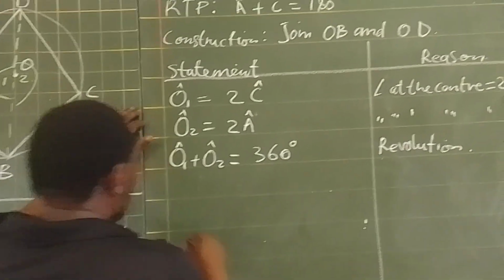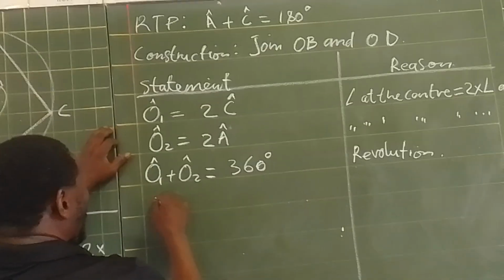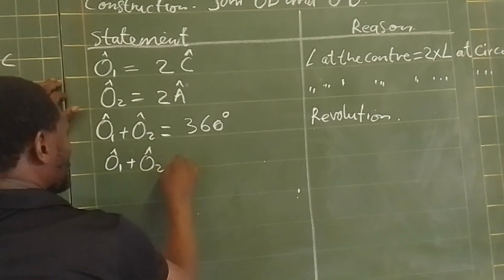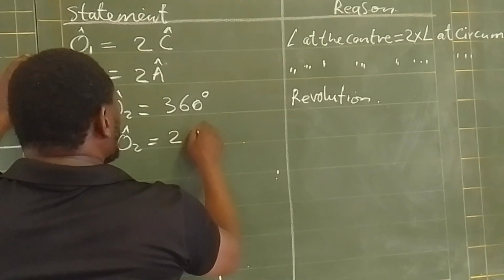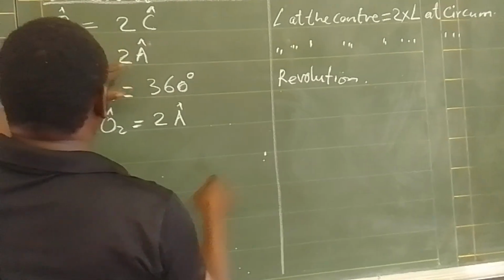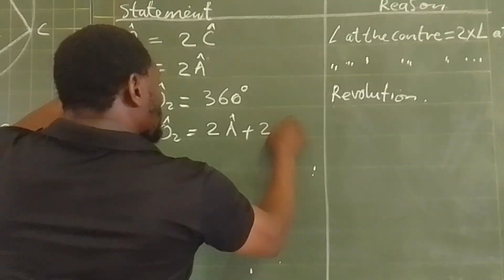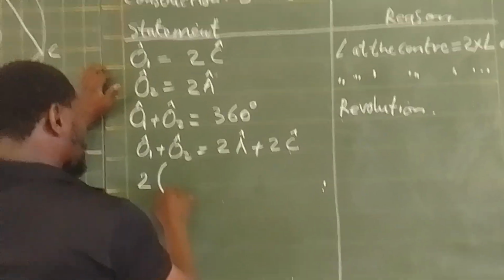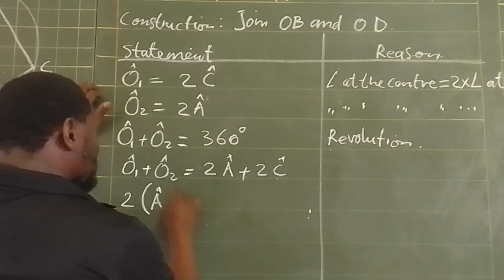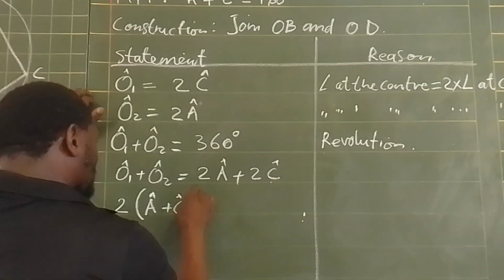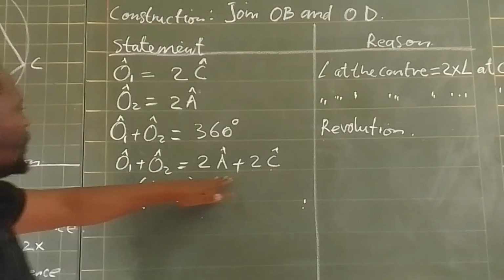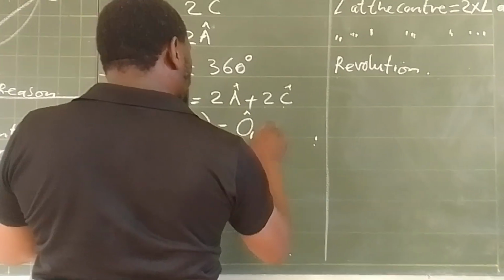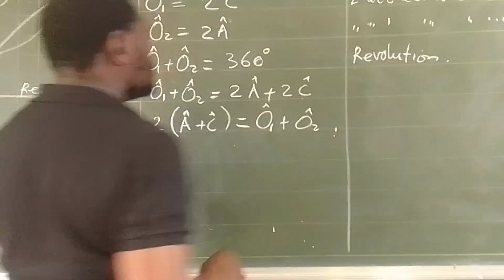Now, we can say that O1 plus O2 is equals to 2 angle A plus 2 angle C. Then we say take out the common factor, it's 2 times A plus C is equals to 360, which is O1 plus O2.